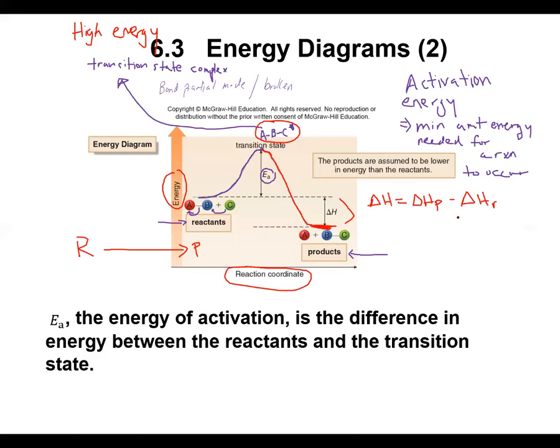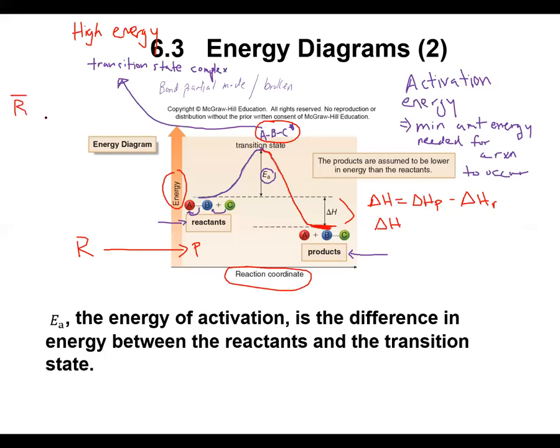If you look at this diagram, the only two things you need to look at to determine if this is an endothermic or exothermic process is where we see our reactants versus where we see our products in terms of energy.